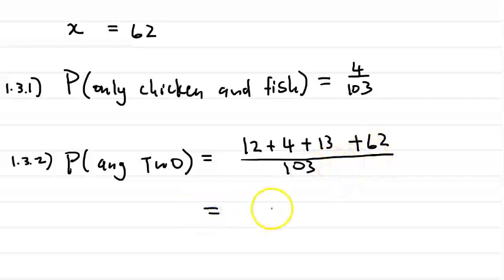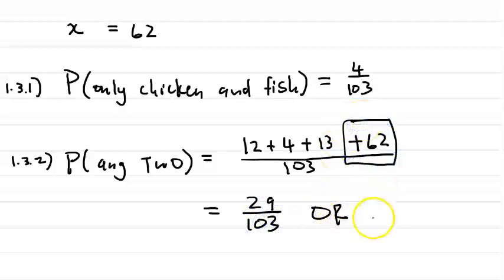So we can have two possible solutions for this question. If it's only 2, it will be 29 over 103, and this is optional there. And if it's any 2, which means that all 3 is also included, it will be 91 over 103.